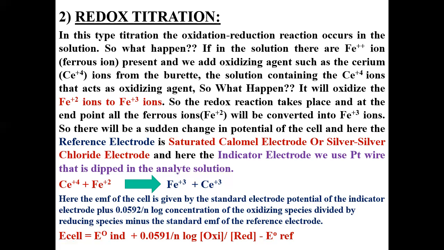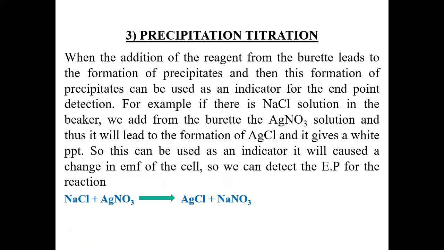The third type of potentiometric titration is the precipitation titration. In precipitation titration, the addition of the reagent from the burette leads to the formation of precipitates, and this formation of precipitates can be used as an indicator for endpoint detection.